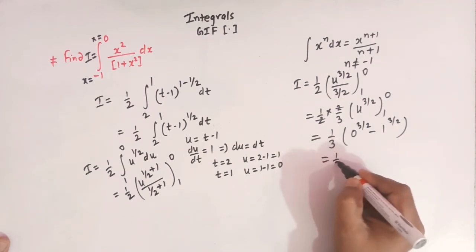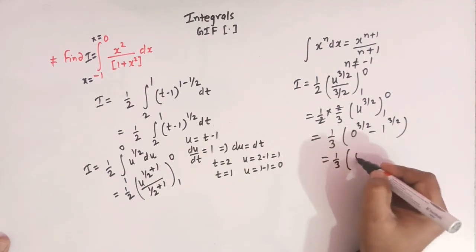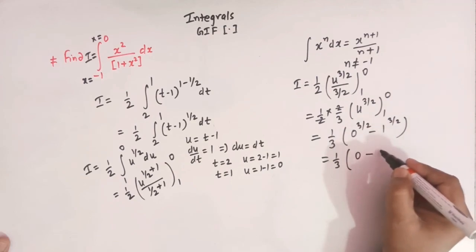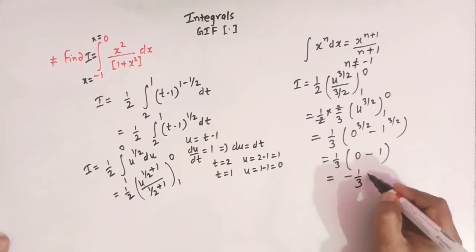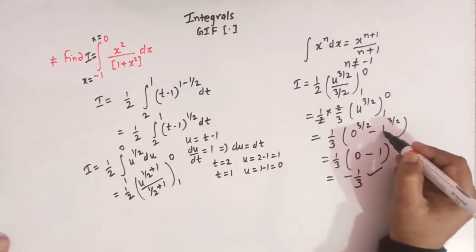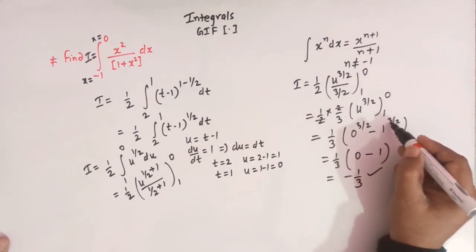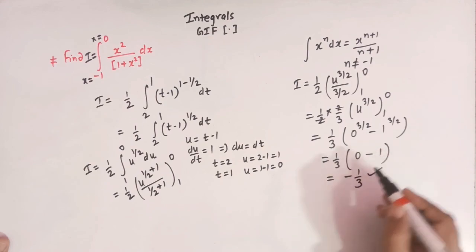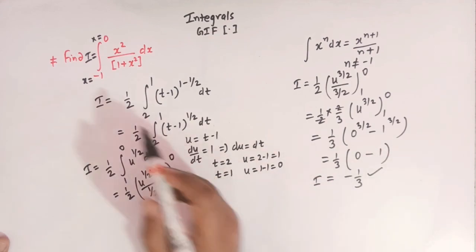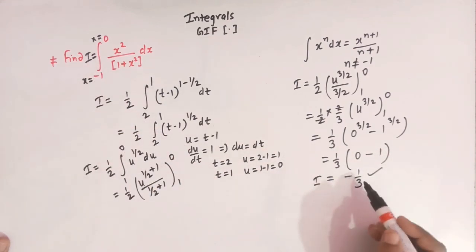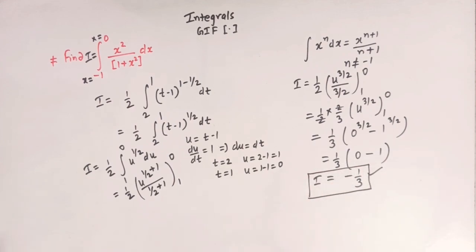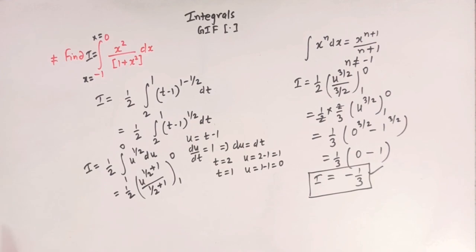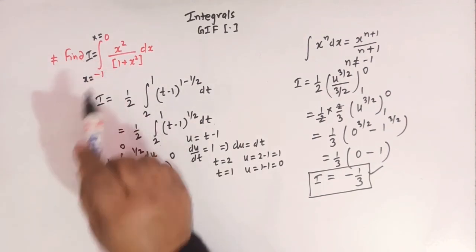So this is 1 over 3, times 0 minus 1. The value of 1 raised to 3 over 2 is 1, so the value of this integral is equal to minus 1 over 3. This is how we can solve this integral.